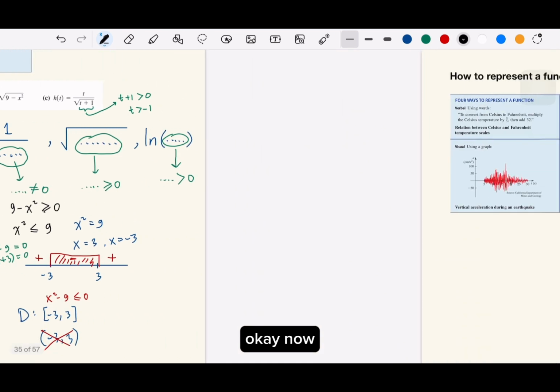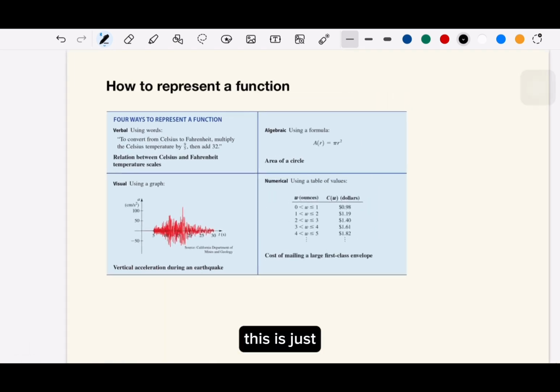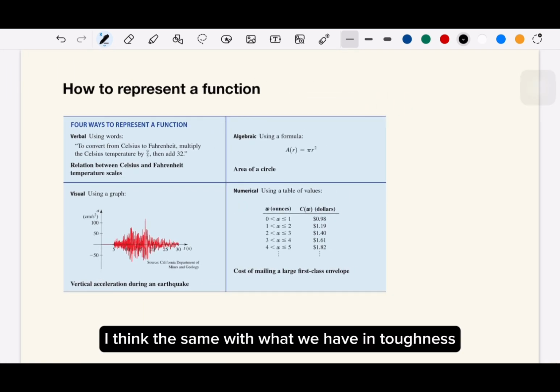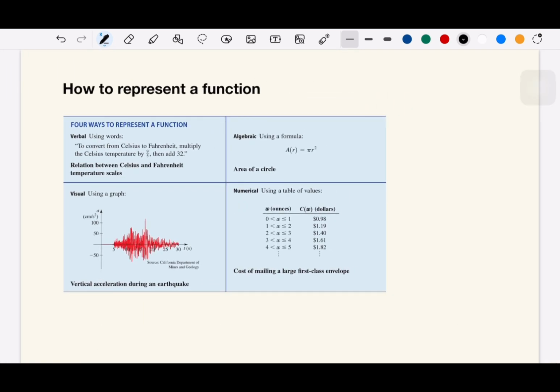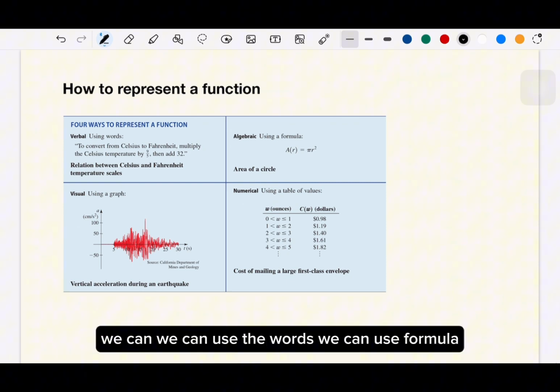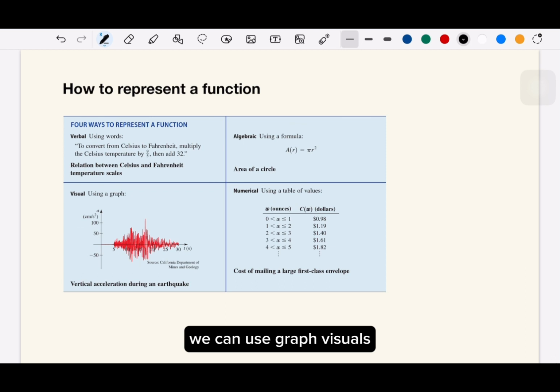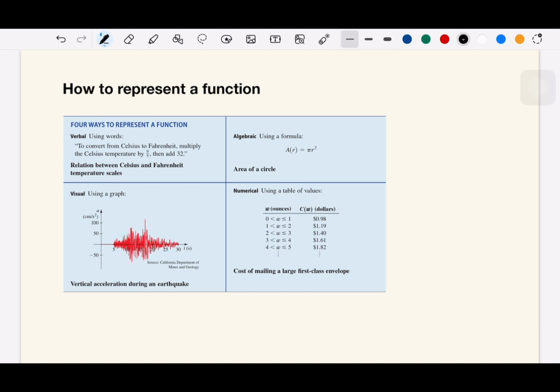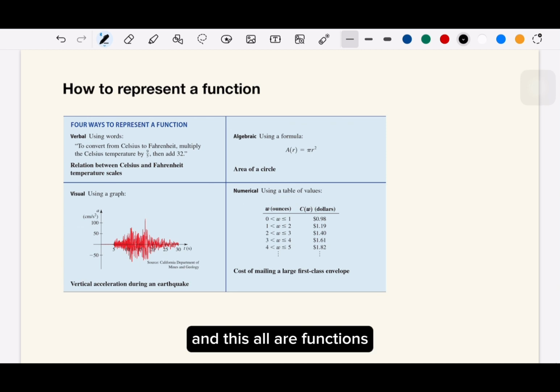Now this is, I think, the same as what we have in calculus. How to represent a function? We can use words, we can use a formula, we can use graph visuals, we can use tables, and these all are functions.